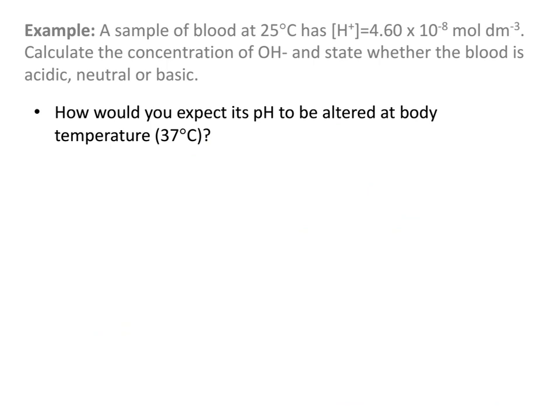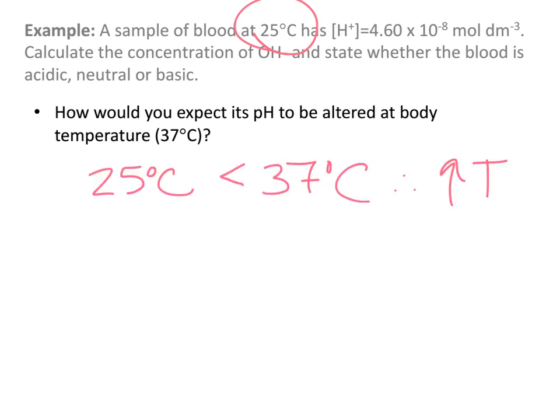Now, spinning off that same question, with this same hydrogen ion concentration, what if the temperature was 37 degrees instead of the given 25 degrees? So first we have to figure out, was the temperature increasing or decreasing? Well, if we were given 25 degrees Celsius and now we're asked about 37 degrees Celsius, that is an increase in temperature. Temperature is going up.